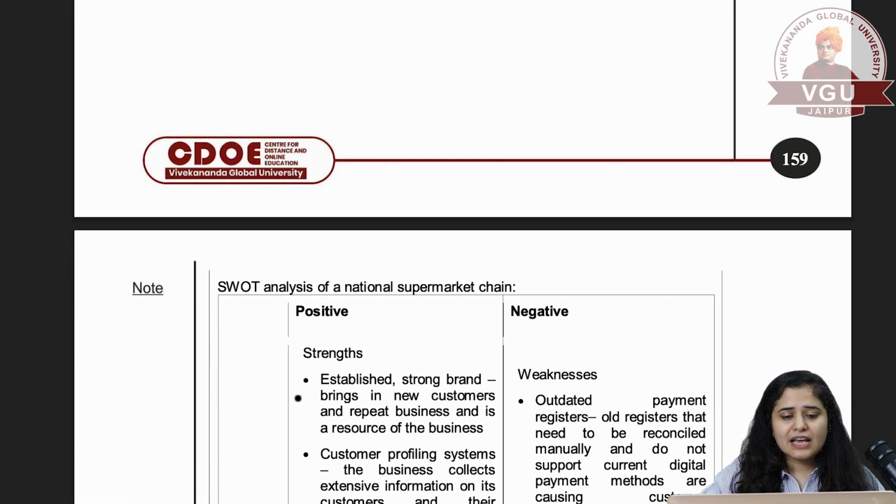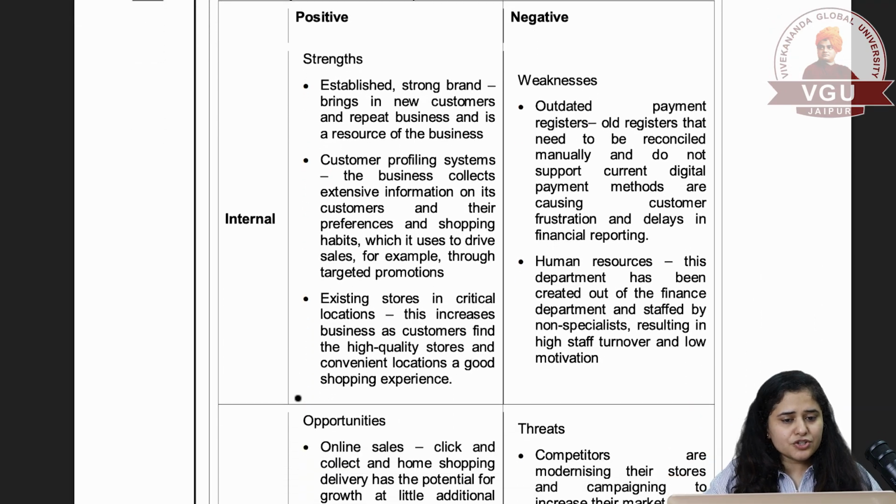If we go to the example of a national supermarket chain, we can see the internal are the strengths and the weaknesses. So what can be the strength? Strength is bringing in new customers, repeat business, customer profiling systems, existing stores in critical locations. So maybe we have the strength. But if we consider the weaknesses, we can have outdated payment registers.